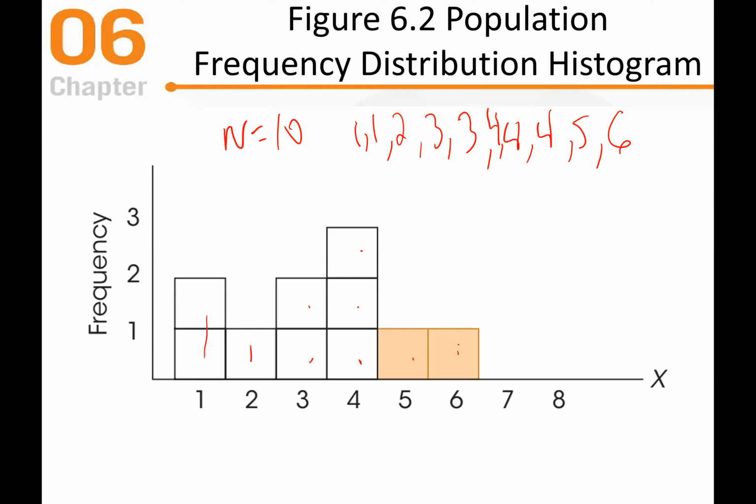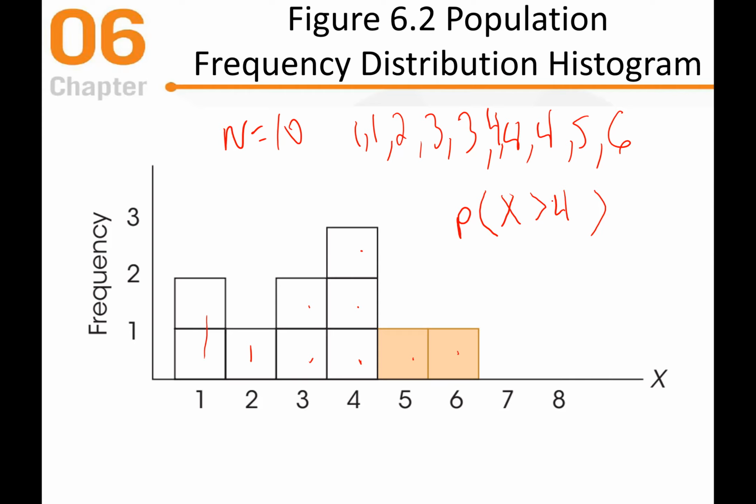So if I were to ask, what is the probability of getting a score that is greater than 4? If I was asking that question, this is how the notation would look. P for probability, and then we would put parentheses for the event. The event in this case is getting a score, identified as X, that is greater than 4.